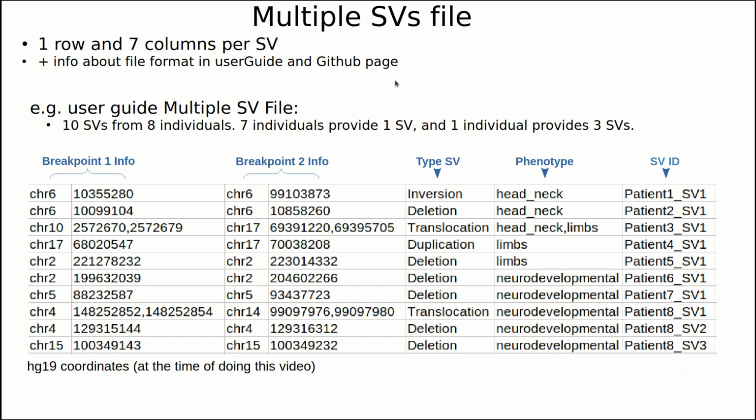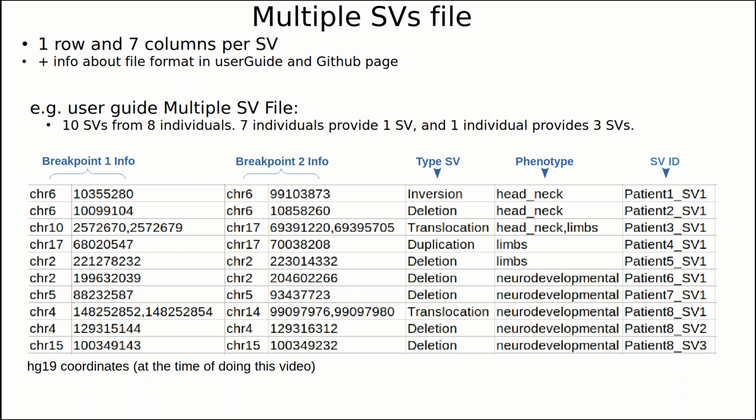For the example that we are going to discuss, we have used a file which is also available on the POSTRE user guide and GitHub page with the following information. We have 10 different structural variants coming from 8 individuals. 7 individuals provide 1 structural variant, in this case patients 1 to 7, and 1 individual, patient 8, provides 3 different structural variants.